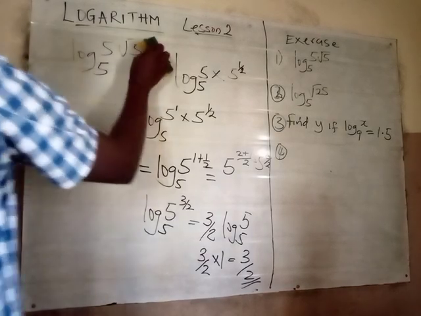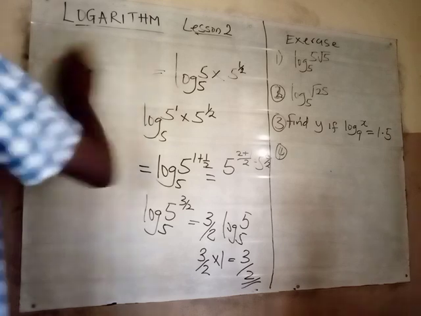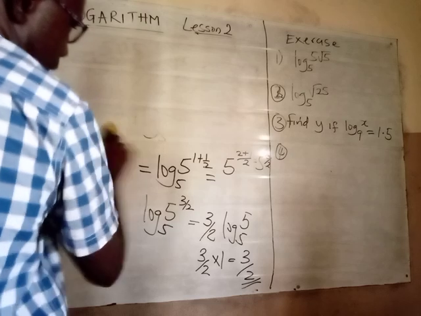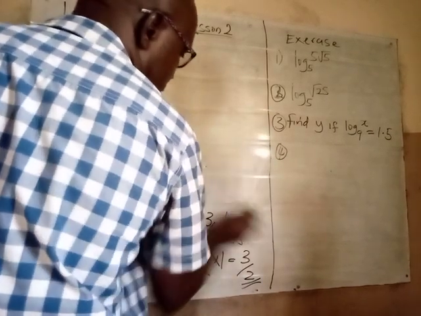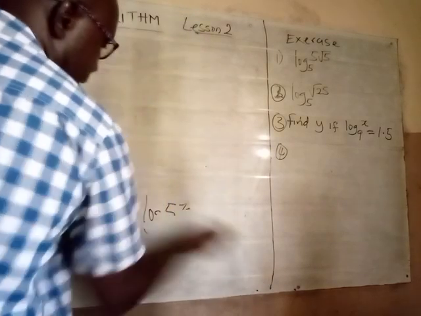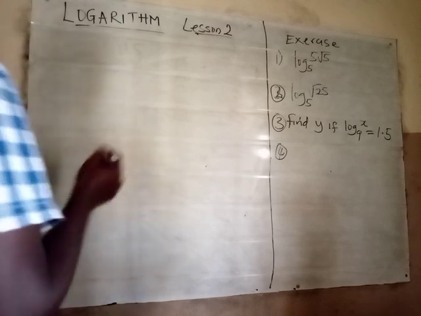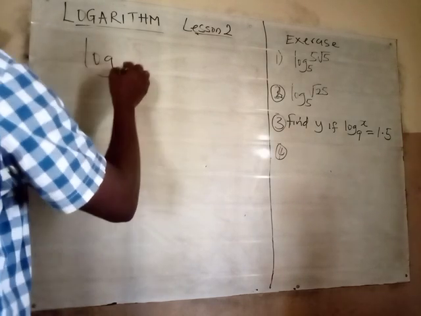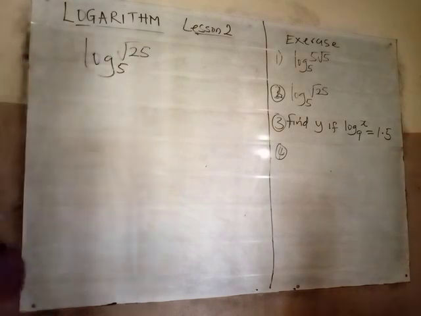We are going to take example 2 so that we will know how to go about it also. Now we have studied the law, we are now applying the law. Question number 2 says log root 25 base 5.